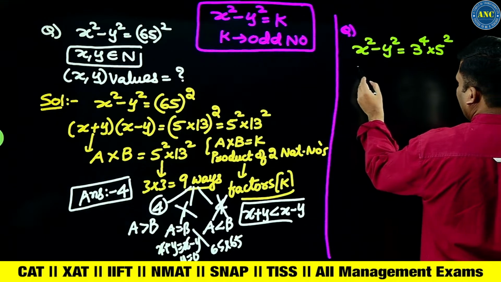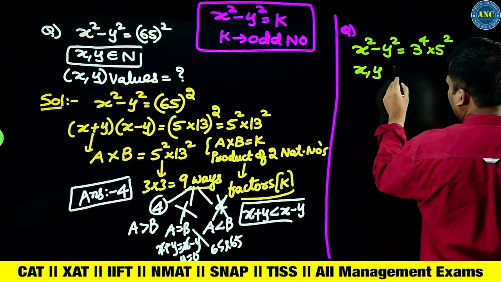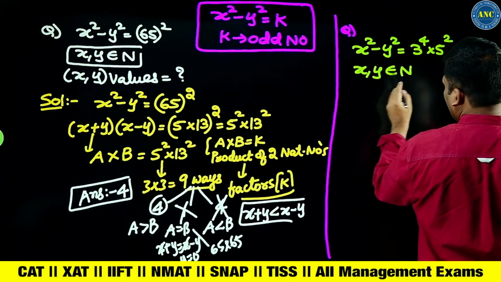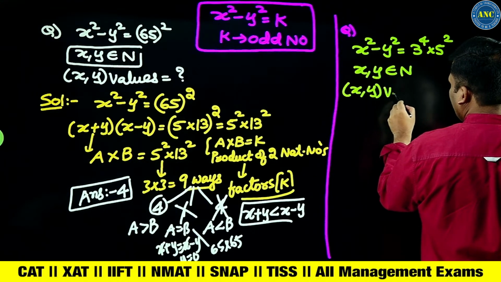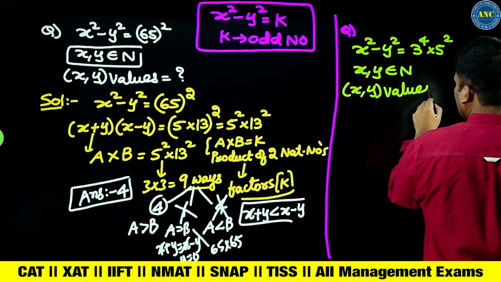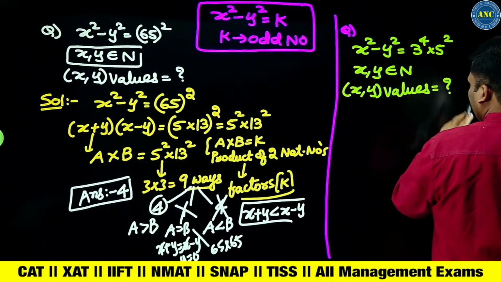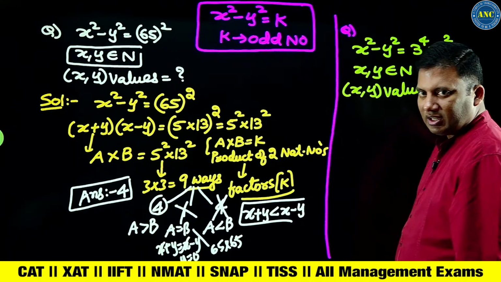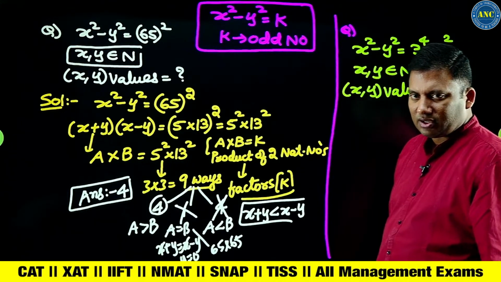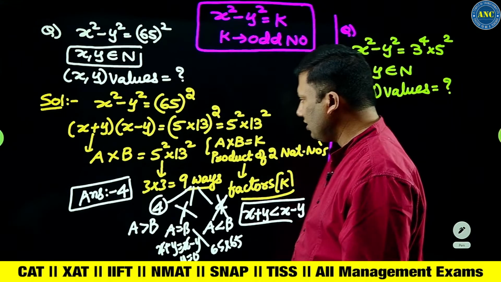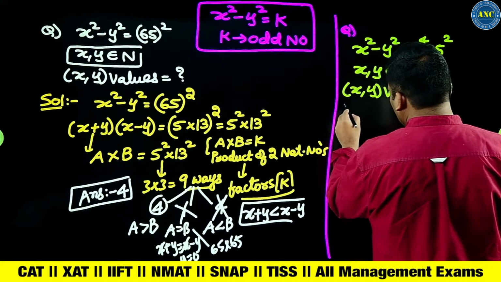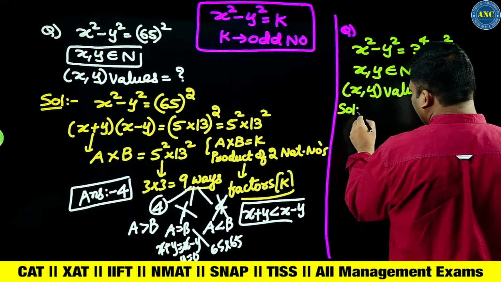X and y are natural numbers. How many values will x and y take such that it satisfies the equation? Once you know the concept, you can solve it very easily. Solution. Listen carefully, sir.